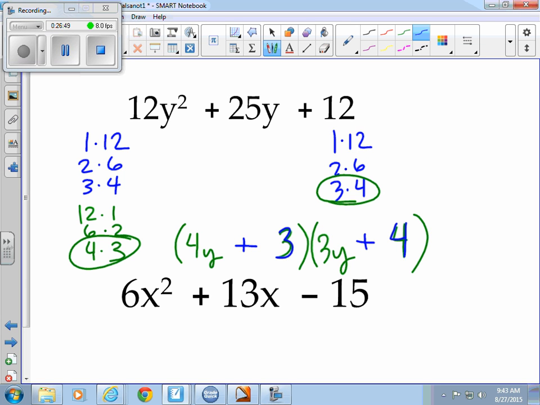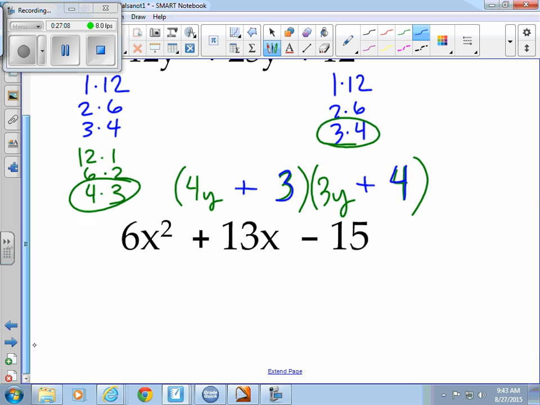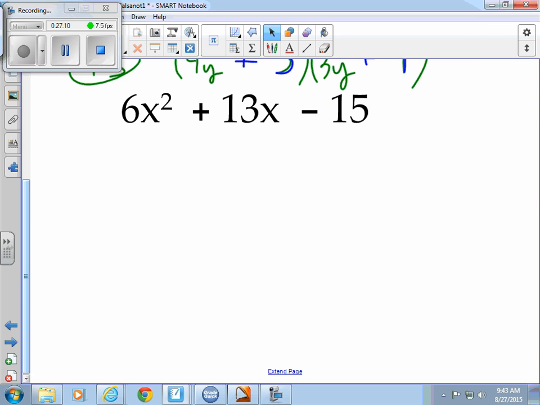Let's check. 9y plus 16y. Does that give me 25y? Yeah. And 4 times 3 is 12, and 3 times 4 is 12. See if you can start the next one. See if you can do this.